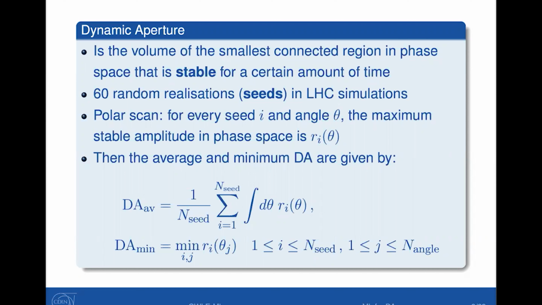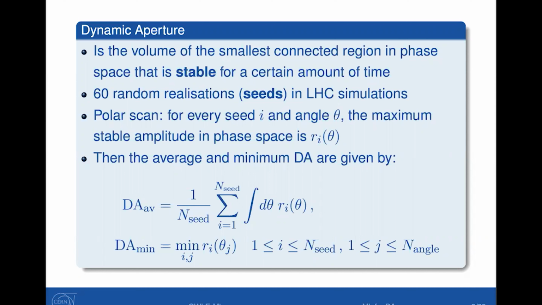We do this in a polar grid, so we scan in the transversal plane over an angle and over the radius. The reason we do this polar is that we can scan up till the moment where a particle is lost, out of the stability region, and then we consider this the zone of stability.